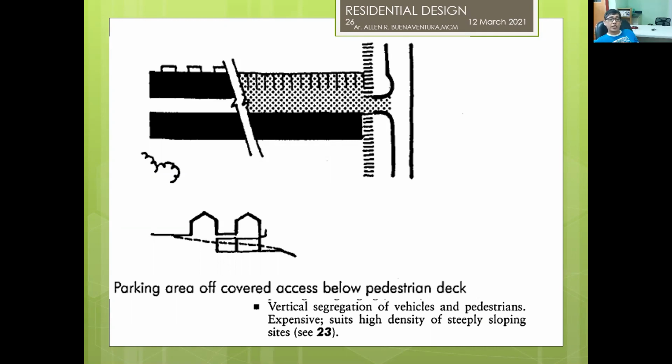In cases where you have a split-level design, you can put the ground parking in this area, and the main entrance will be in this area. This will be the vehicular entry, and this will be the pedestrian entry.